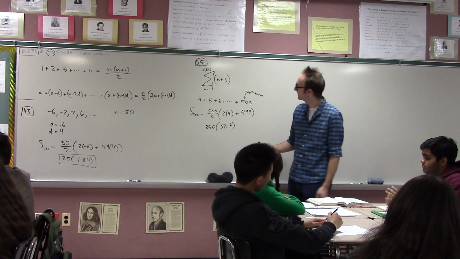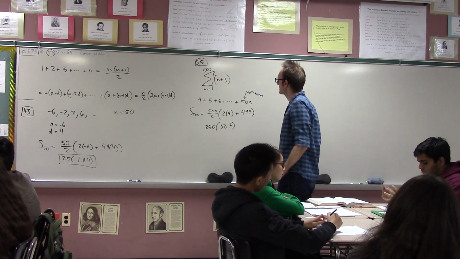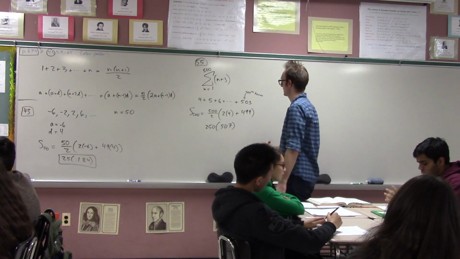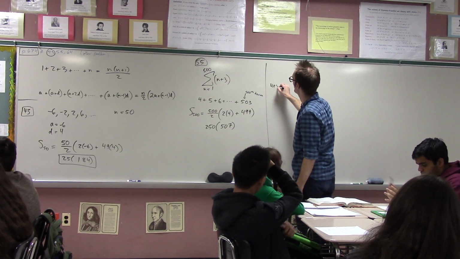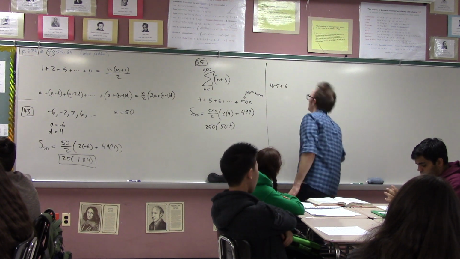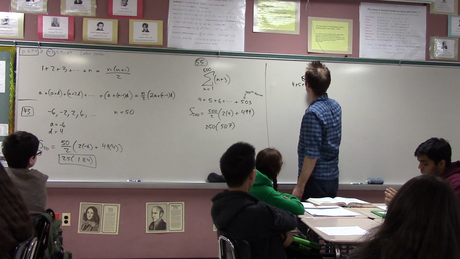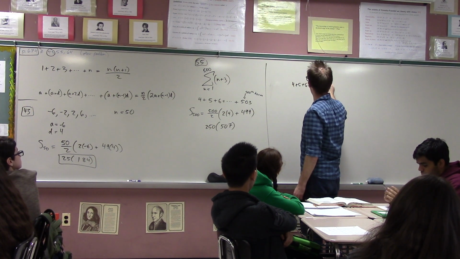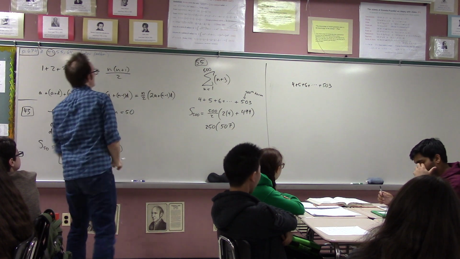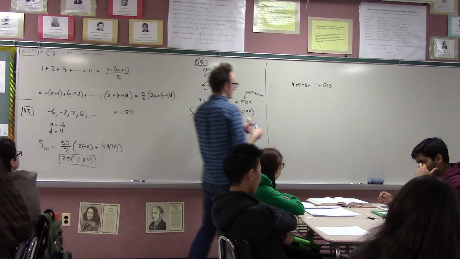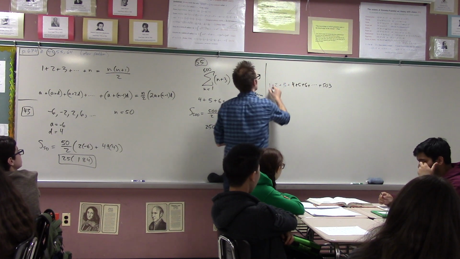Alternatively, there's another way to do this. If I'm adding 4 plus 5 plus 6 plus all the way up to 503, you could say this is pretty much the formula for the sum of the first n integers, but missing a couple of numbers.